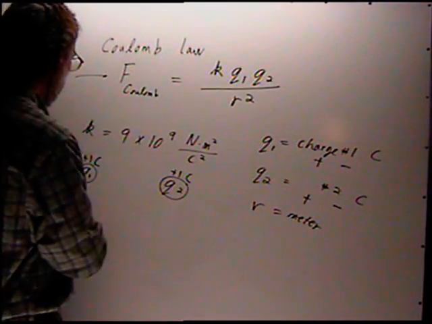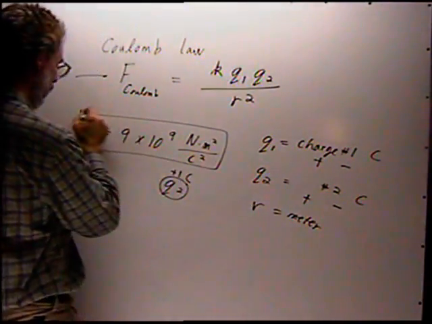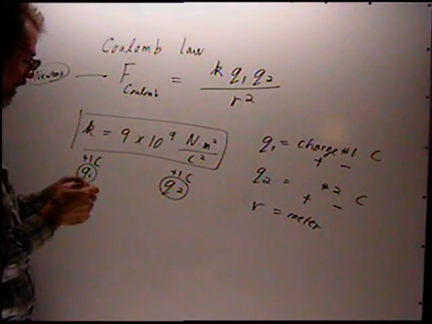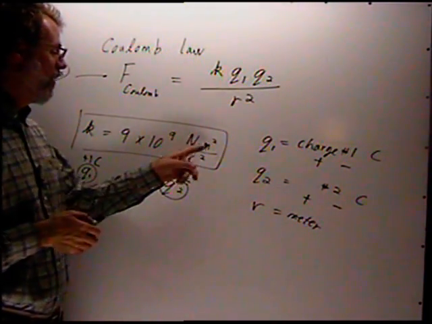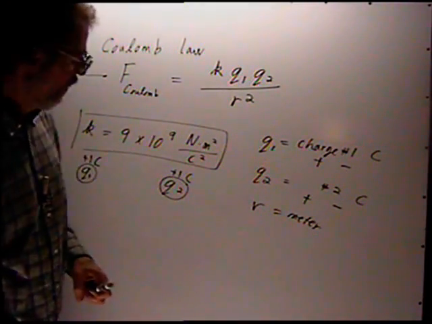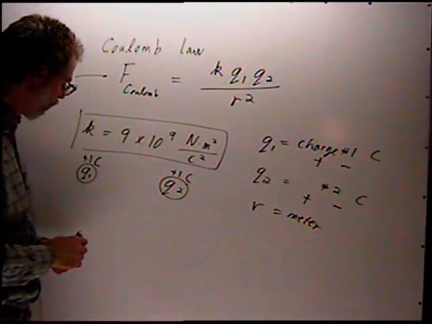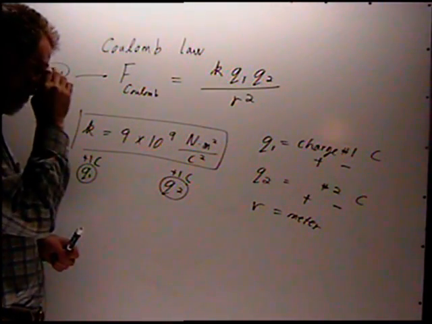So our K constant will have units like this. In fact, this is 9 times 10 to the 9th newton times meter squared per coulomb squared, C, coulomb being the unit for charge.